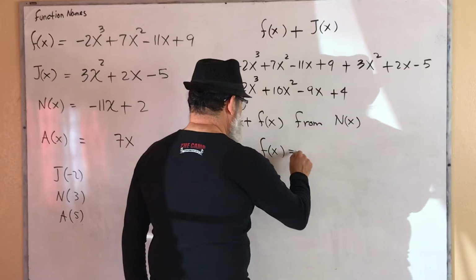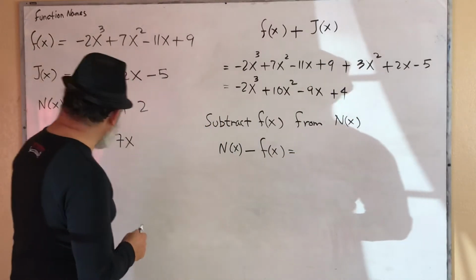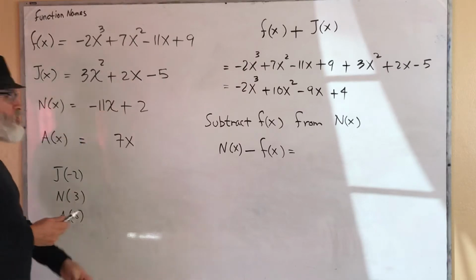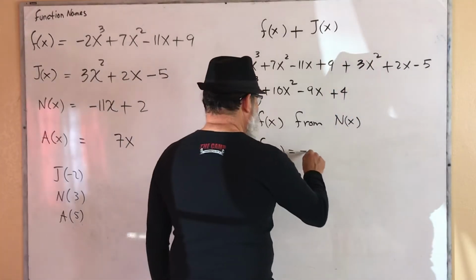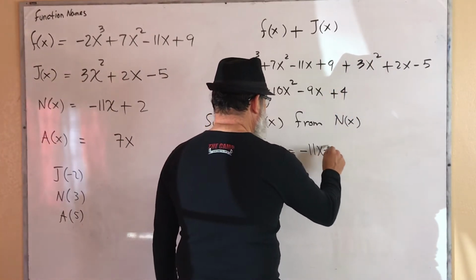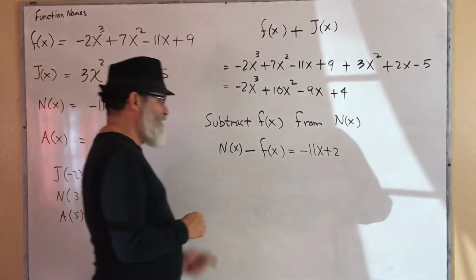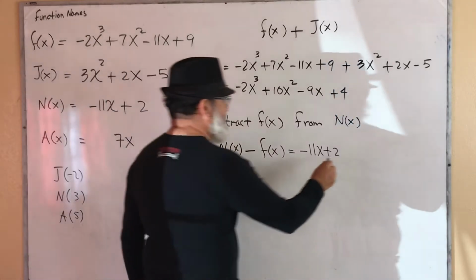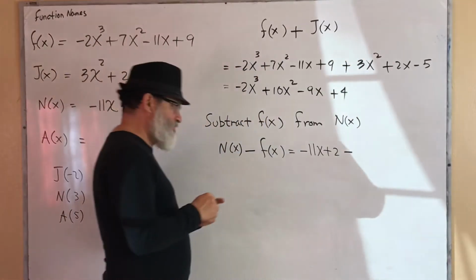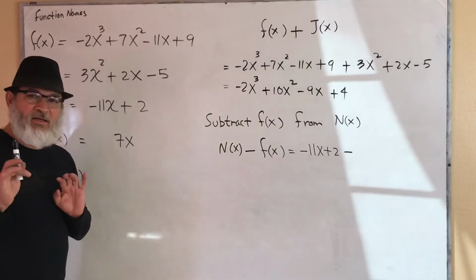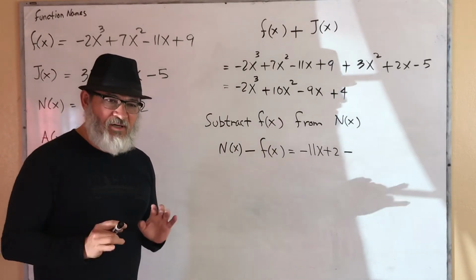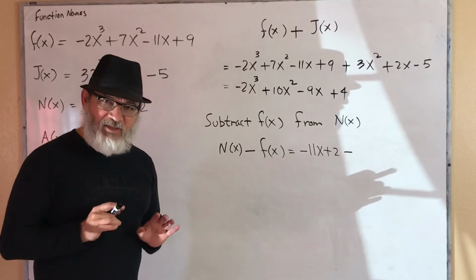Here's Norma. Norma is negative 11x plus 2, minus Frank. Now look at the importance of parentheses.